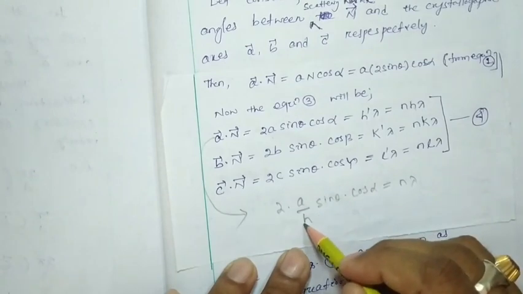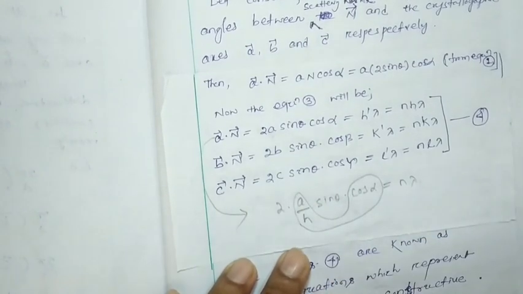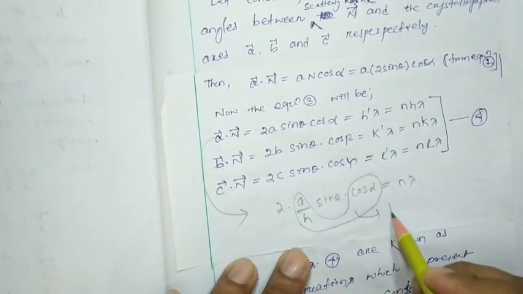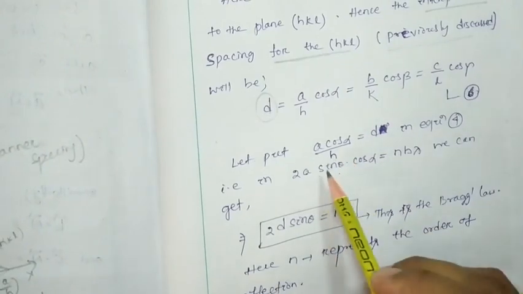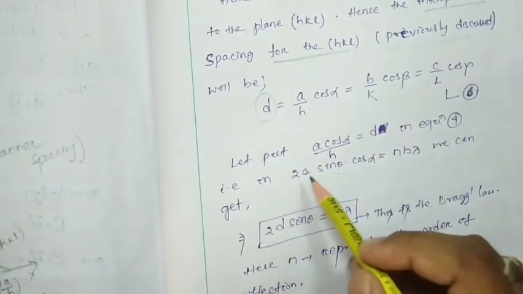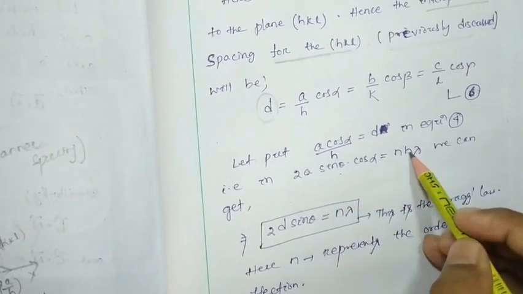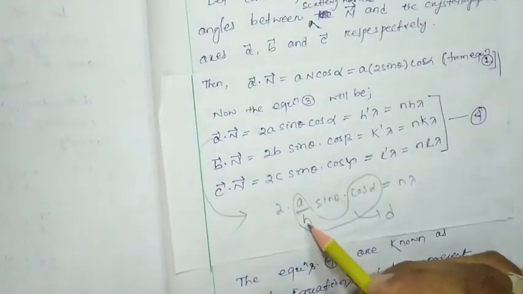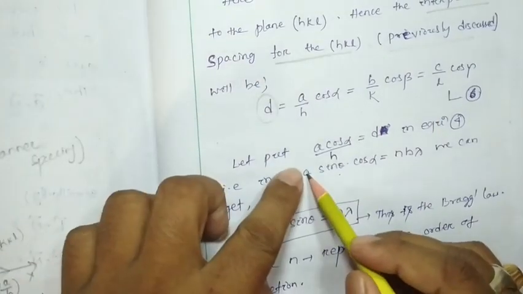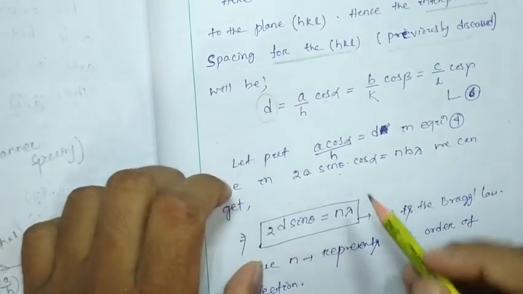Here a by h cos alpha is going to be put as d.